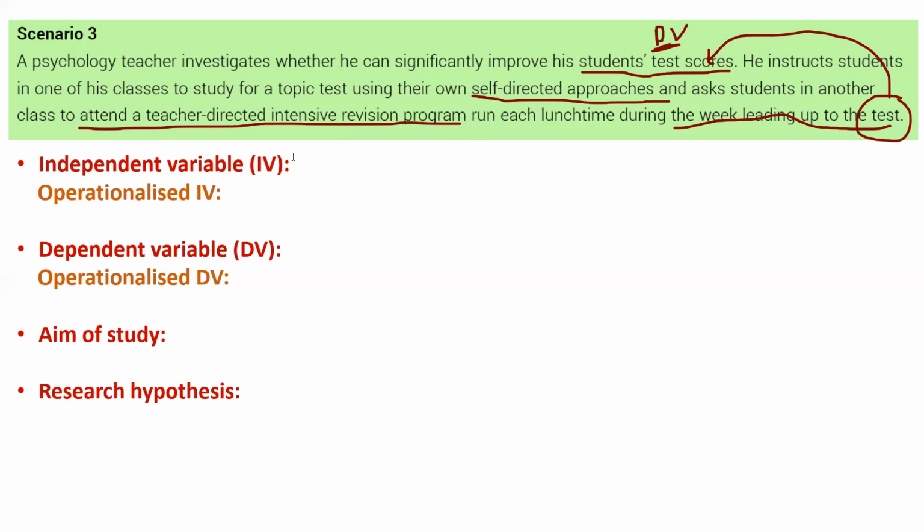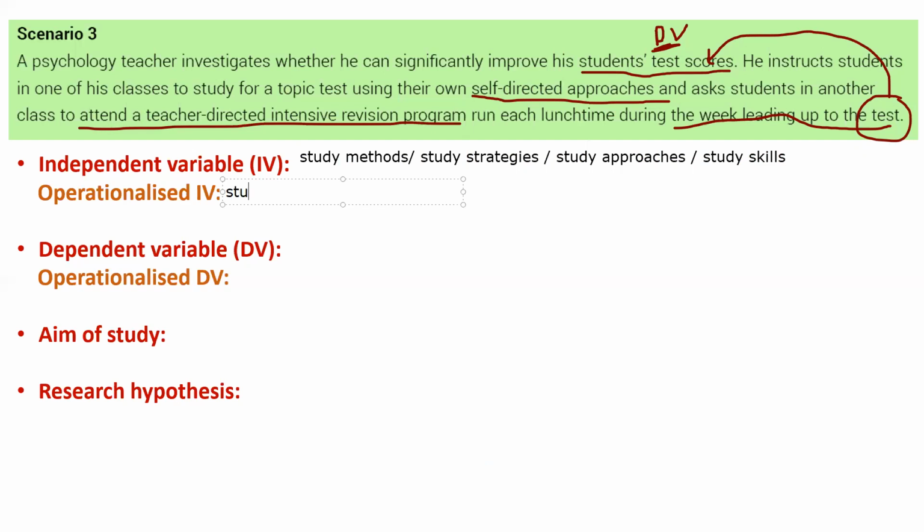So the IV, and again, you could have many different words for this. I'll write down all the possible words you could use: study methods, study strategies, study approaches. What else could we say? You could even say study skills. Either of those are all general and they all relate to what the IV is in general. If we're operationalizing it, that's the easy bit, because that's the bit we get mostly from our scenario.